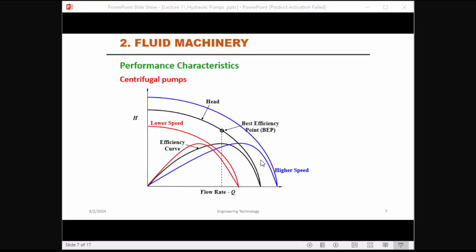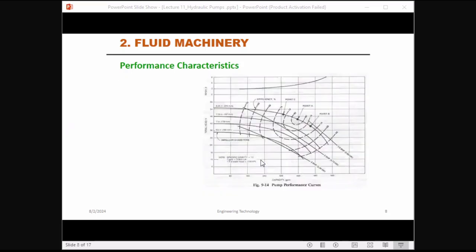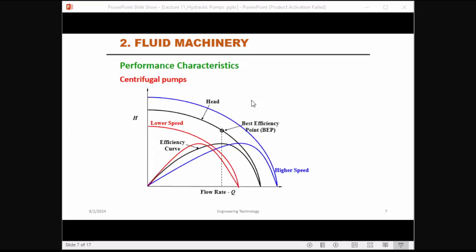Okay, then these are the pump curves. This best efficiency point is an important point on the efficiency curve. It represents the flow rate at which the pump operates with maximum efficiency.